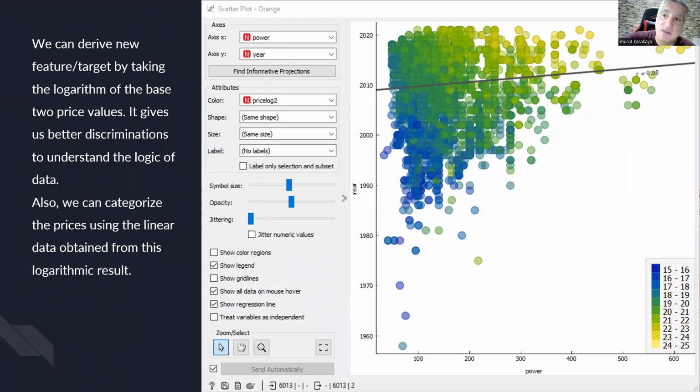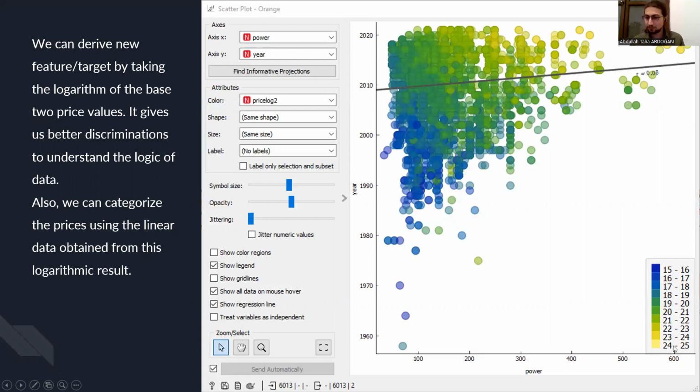Did you try base 10? Yes, we did, actually we tried. And then? It paints all the data in yellow. Why? Because the range, like this, this is 2 to the 24.